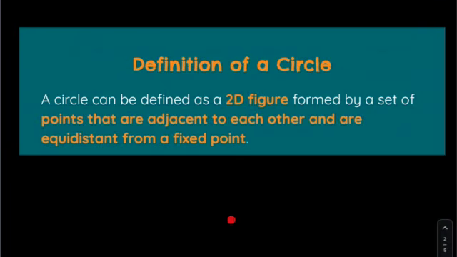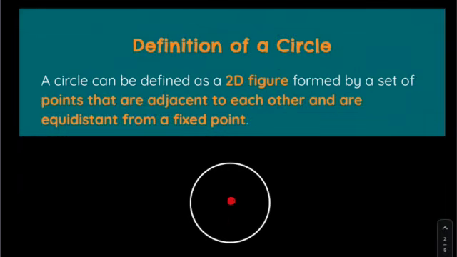So if this is our point, we're saying that all of the points that create my circle are going to be two-dimensional, so they're on the same plane, and they're the same distance away from this center point. So in order for that circle to be created, all of the points that make up that circle are all going to be the same distance.